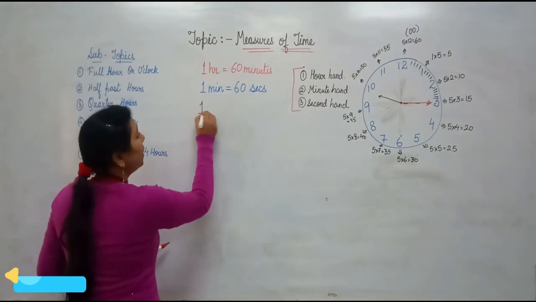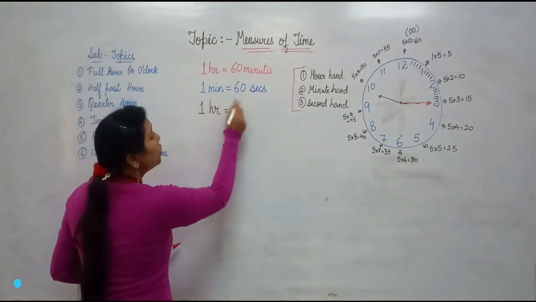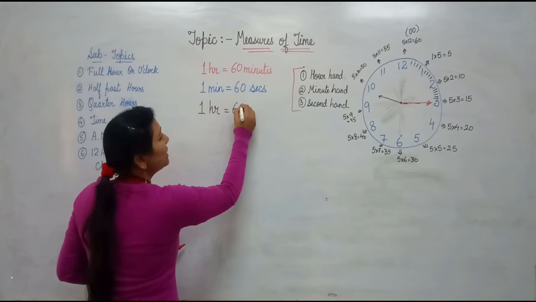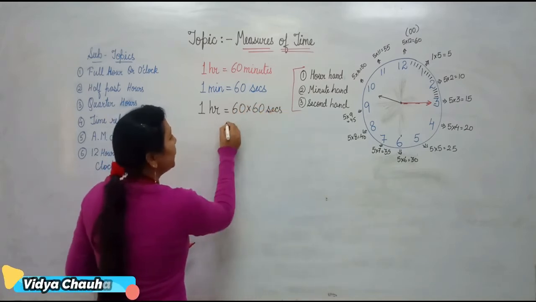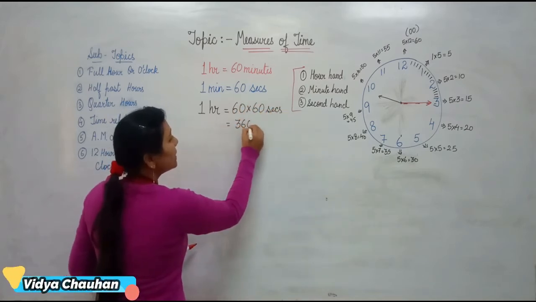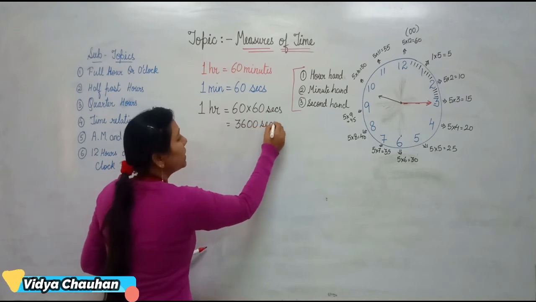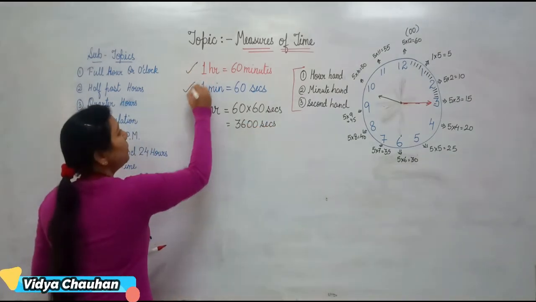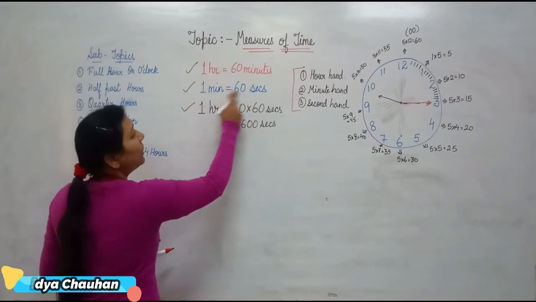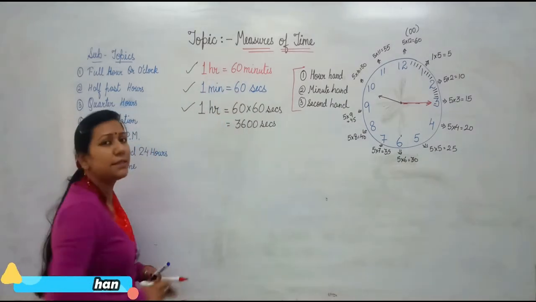If I have to write 1 hour equals how many seconds? That will be 60 multiplied by 60 seconds. So it will be 3600 seconds.